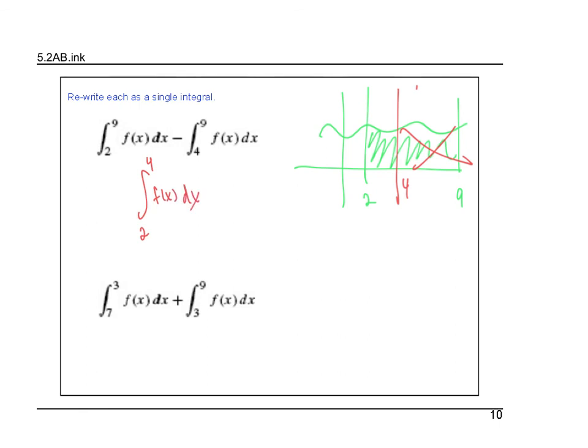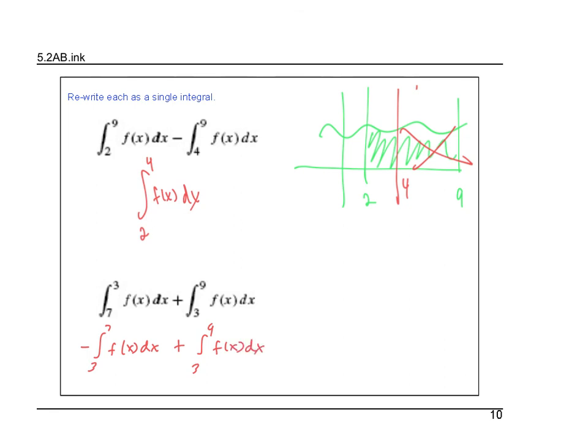The second one requires both. Notice that the first integral goes from 7 to 3. We don't really like it written that way. You want to make sure most of the time that you write it with the smaller number being the lower limit, so you are working from left to right across the graph. And when I flip them, I need that negative sign out in front.